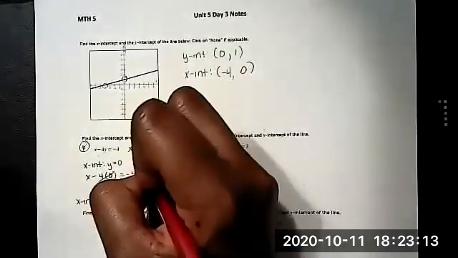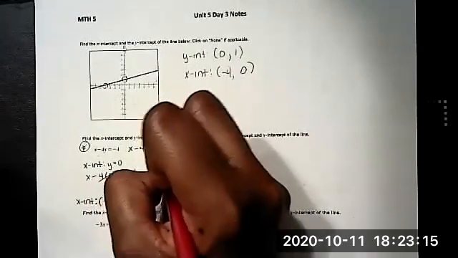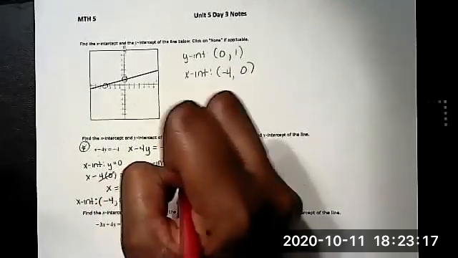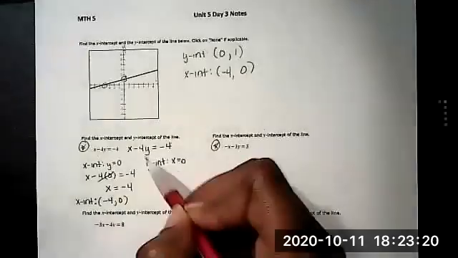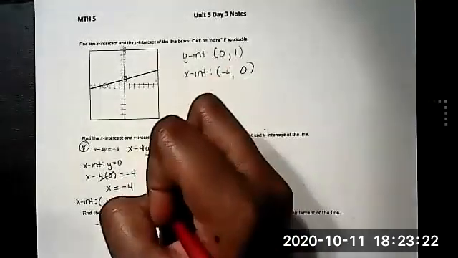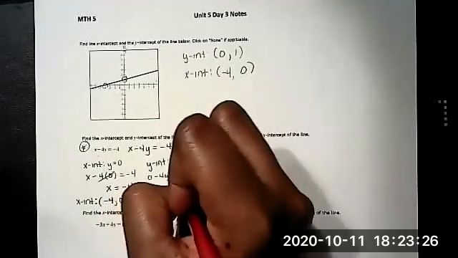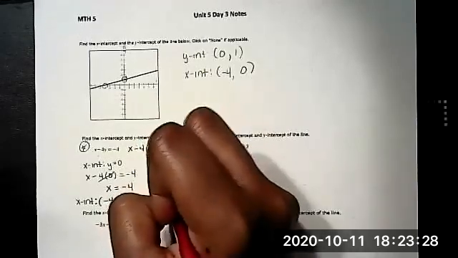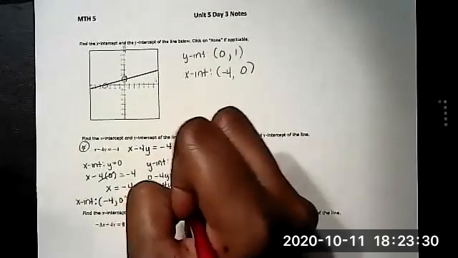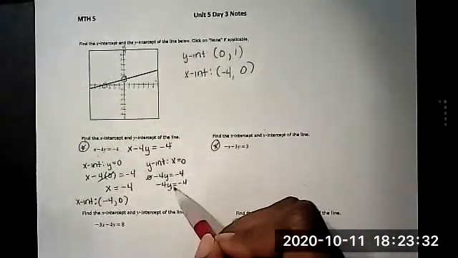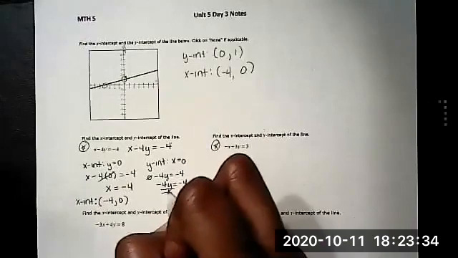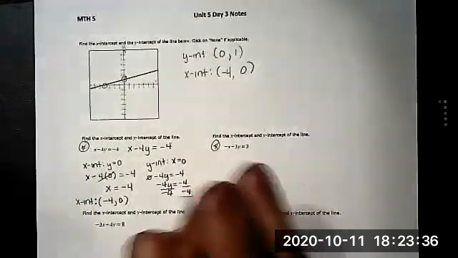For Y-intercept, we said X is always 0. So in this same equation, I'm going to put 0 in for X. 0 minus 4Y equals -4, which means basically -4Y = -4, because the 0 goes away. Just divide by -4 on both sides.